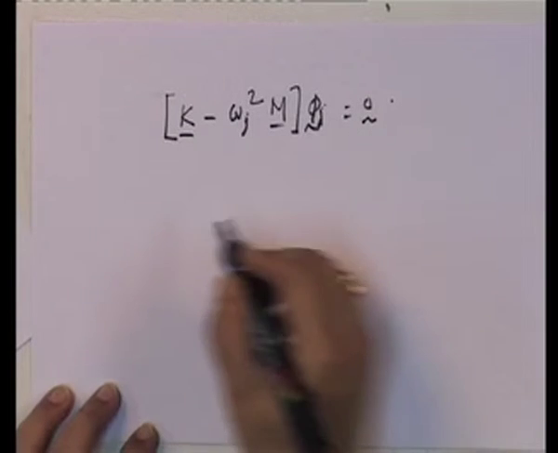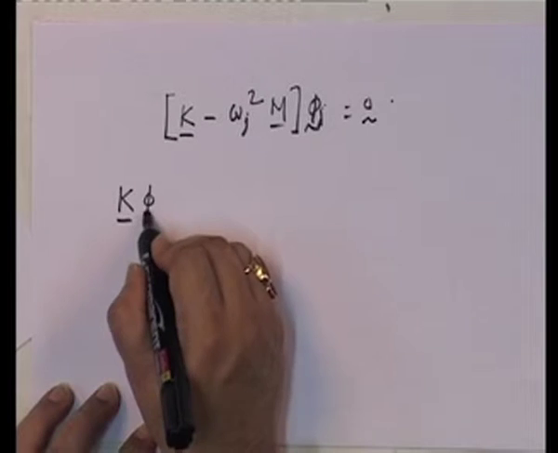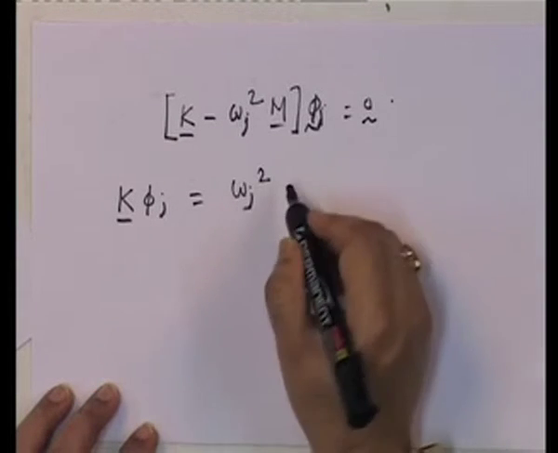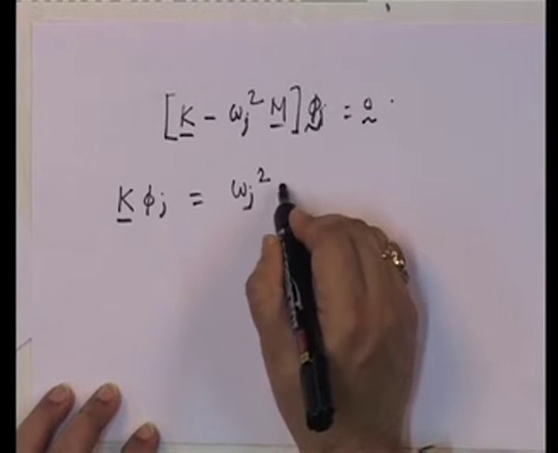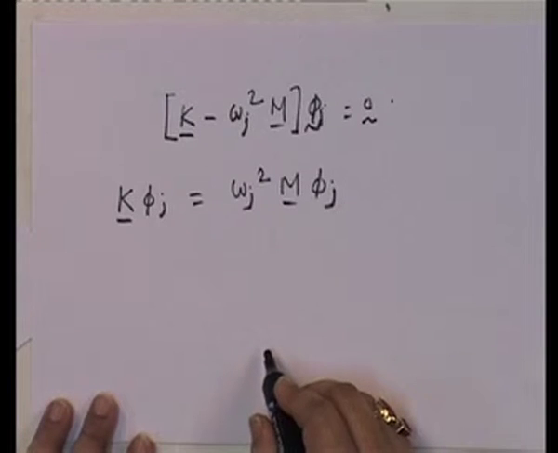Again rewriting this, we get k phi j is equal to omega j squared m phi j.